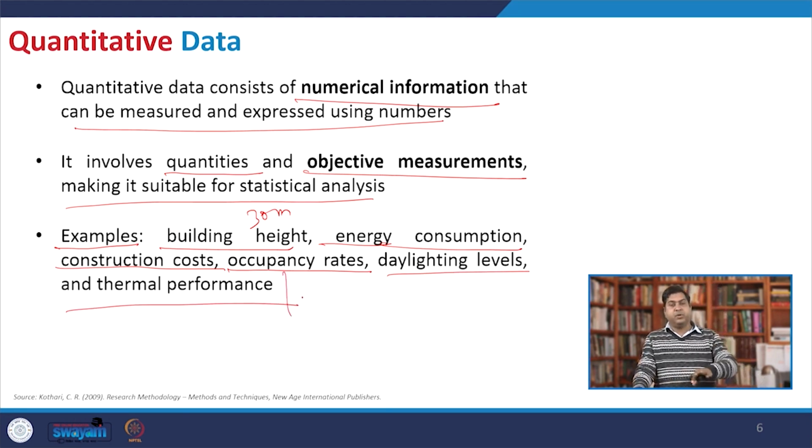Now these are all information related to the architecture of a building, but if you want to get certain information for a planning exercise, suppose certain kind of vegetation index, the temperature difference, or maybe the population information, or the area, those kinds of things are quantitative in nature, and then you can use them to interpret, or you can create another set of numerical information. Say if you know the population and you know the area of that location, you can find out the density, the net density, gross density, etc.